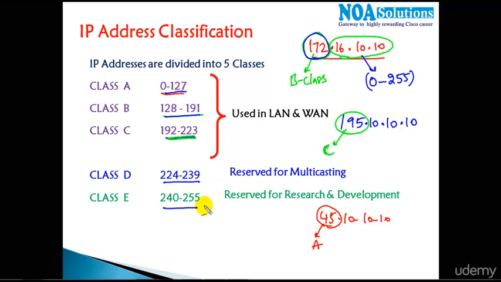Last example: 225.10.10.10. This address belongs to class D, because it is in the range of 224 to 239. The basic thing you need to understand is the identification of the class, so you have to remember these ranges. Identifying the range is very important.